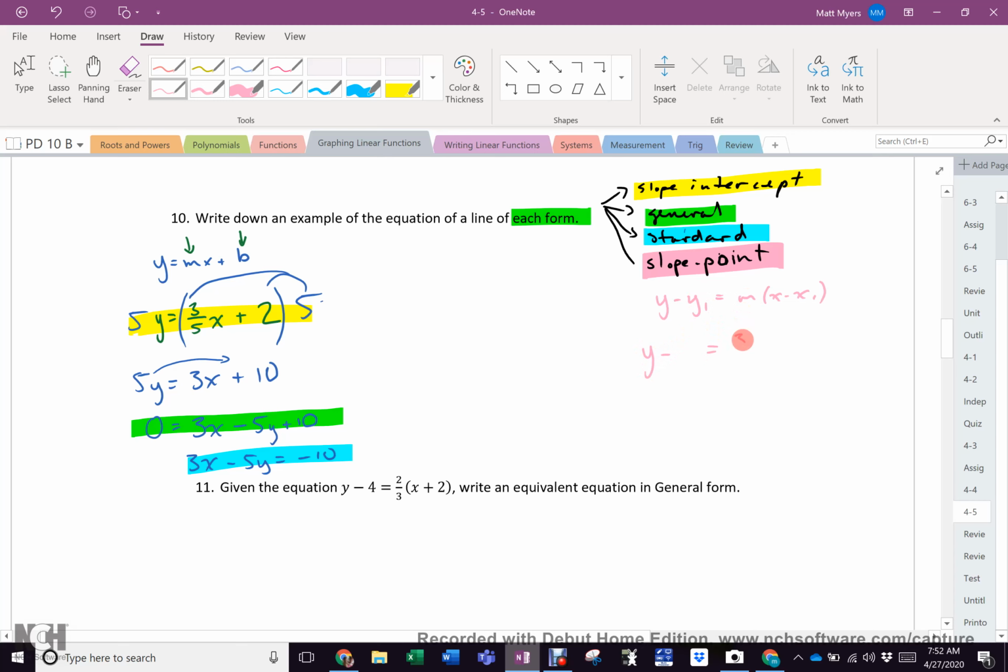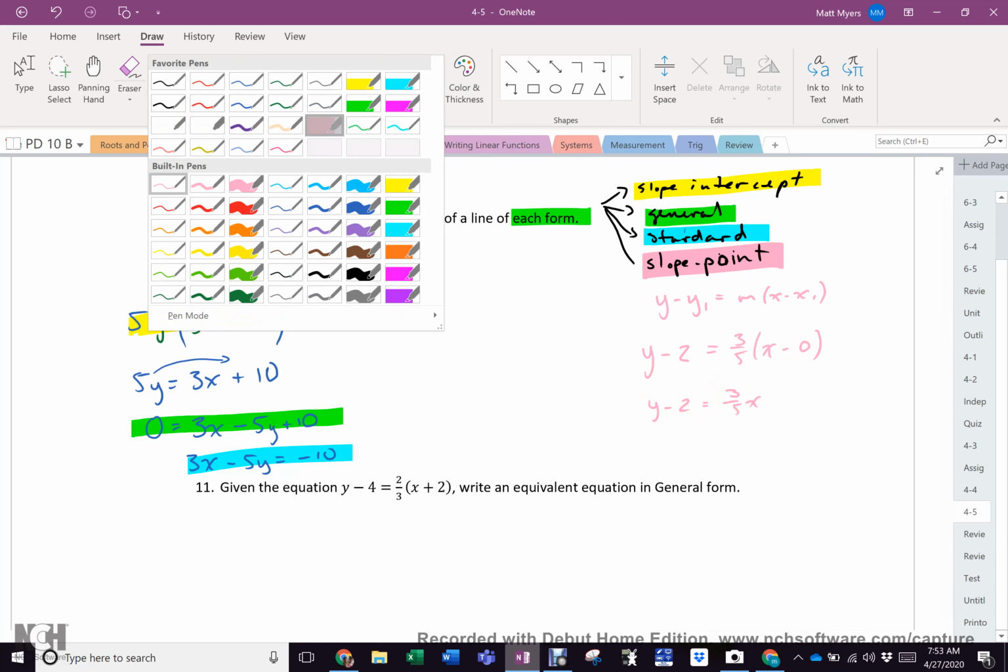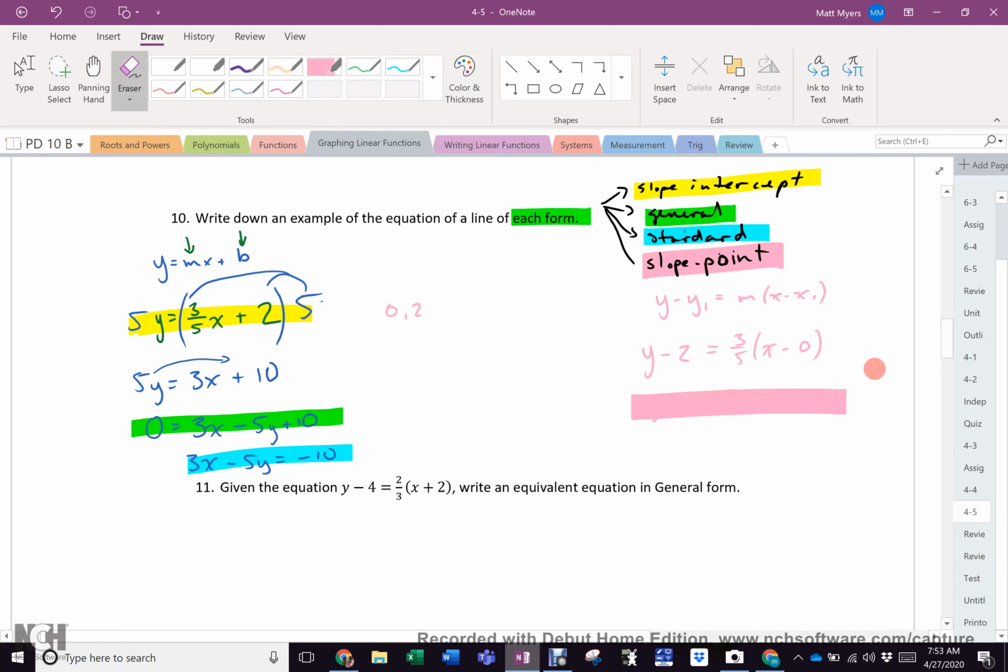That's the slope, 3/5 x, and that's any point on the graph, right? But we already know that 0, 2 is going to be on the graph, right? So there's the y point, minus 2, x minus 0. We normally wouldn't write 0, so that's y minus 2 equals 3/5 x. And there, and I shouldn't have highlighted it in pink because now it's disappeared. But anyway, there's point slope form.